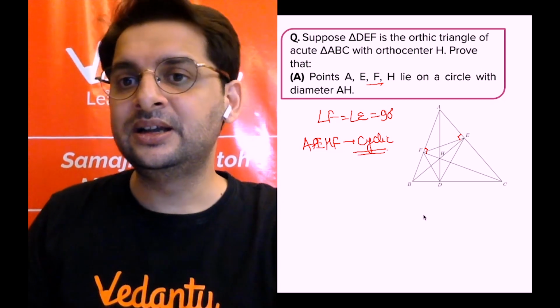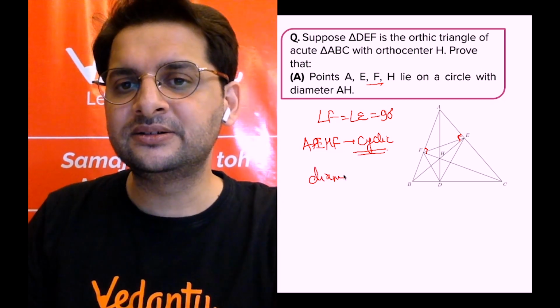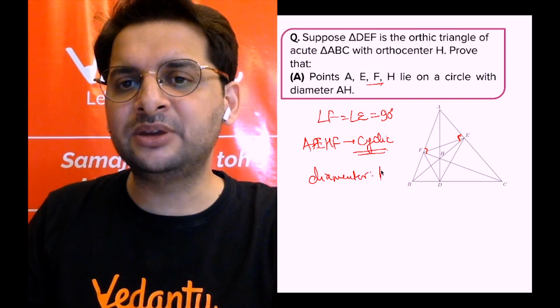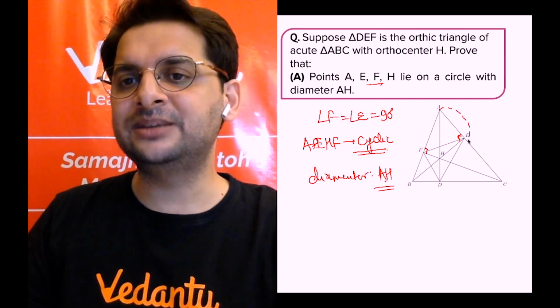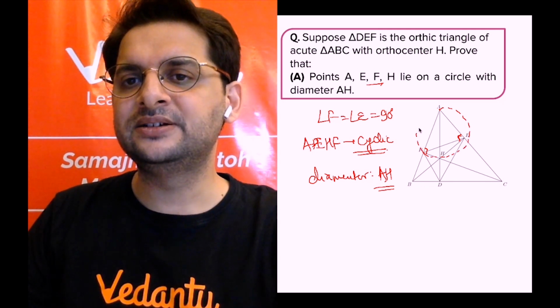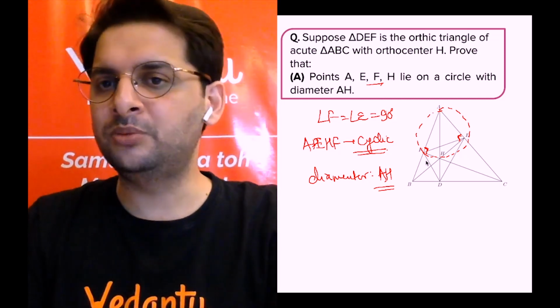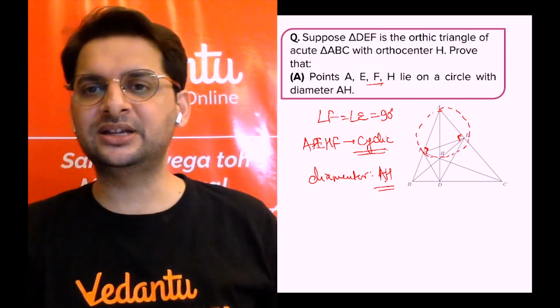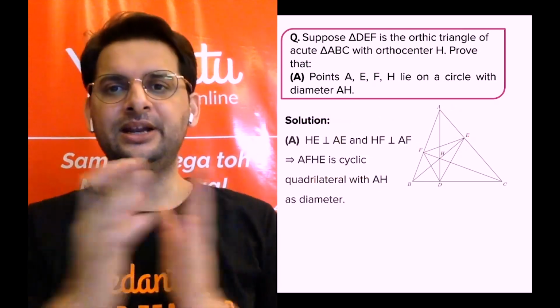No problem with this. And since this angle is 90 degrees, the diameter would be AH, because the angle subtended in a semicircle is always 90 degrees. So both ways it is 90 degrees, so AH would be the diameter. No problem with this. I hope this is clear to each and every one.